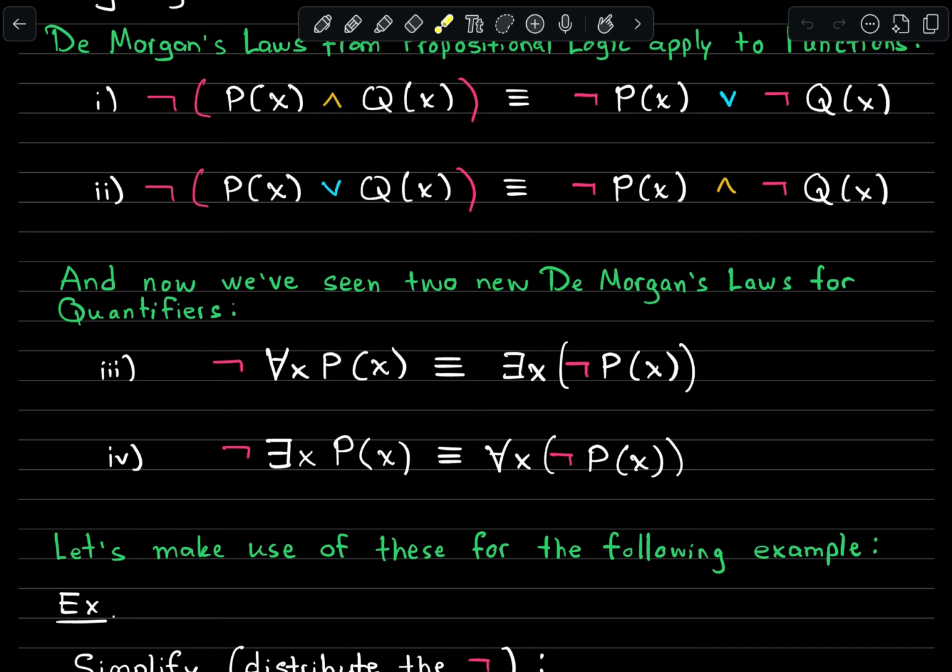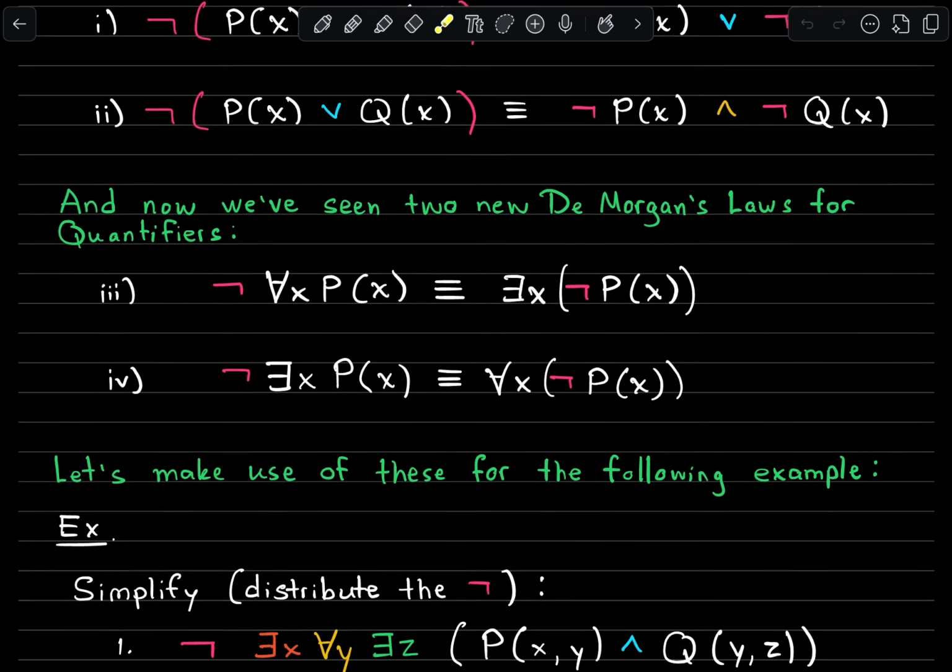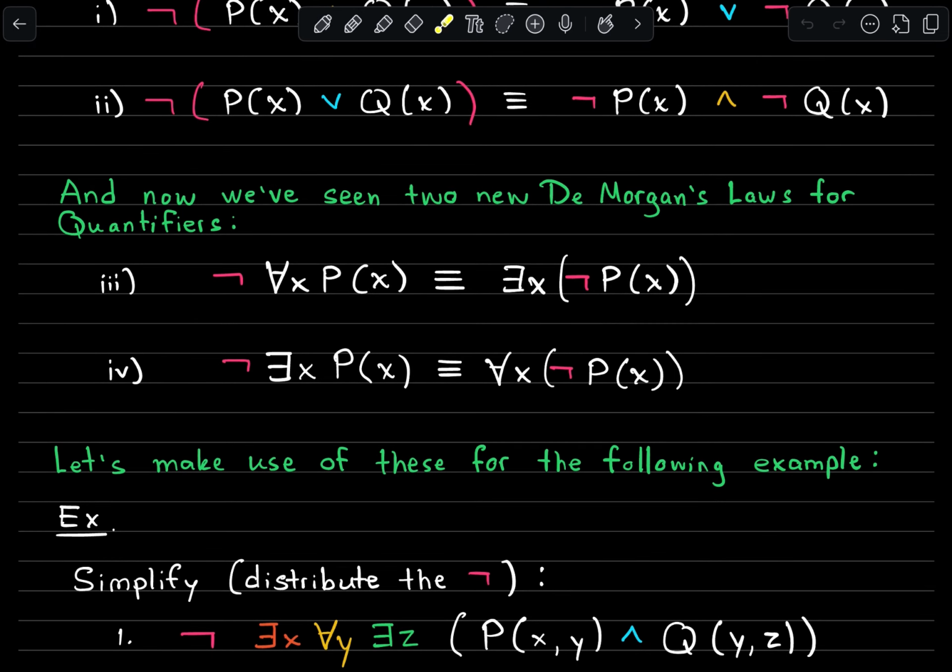Okay, so we've got a compound proposition here with nested quantifiers. When we just want to simplify this, we just want to distribute that negation, and we want to see what happens to this function. How does this function sort of translate into an equivalent statement as we do so?